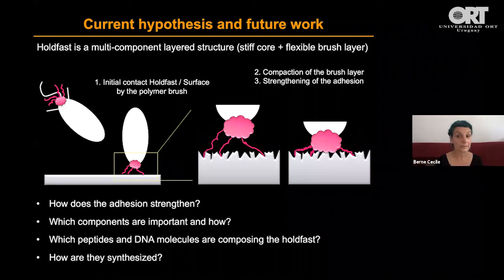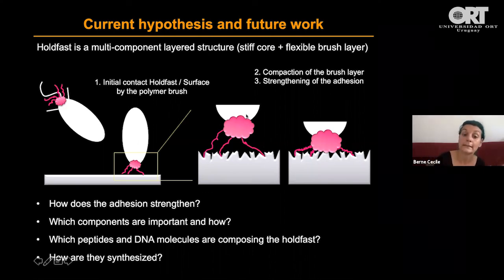So of course, we've got still plenty of things to learn. We need to understand how this whole mechanism works from the biophysical point of view. We also need to know which components are important in which step and how they contribute to each step. We need to know if there are more components than DNA, peptide, and polysaccharide. Also, I told you there are peptide and DNA, but this is pretty vague.